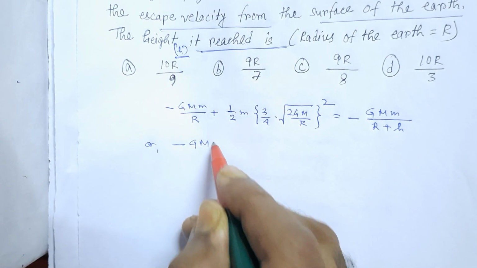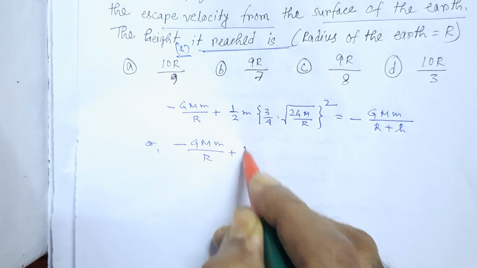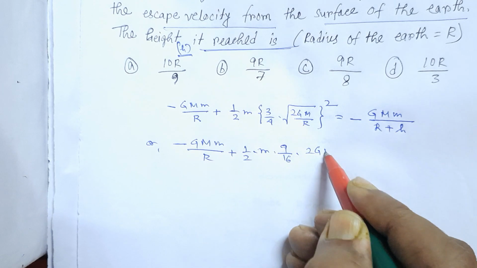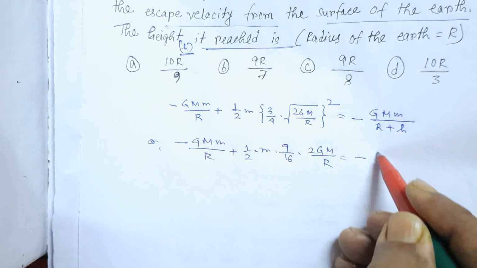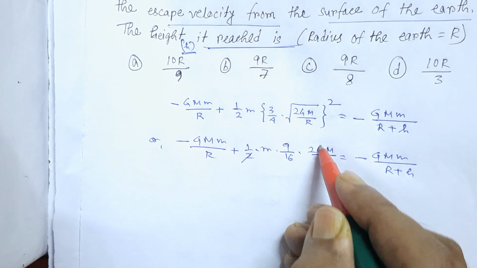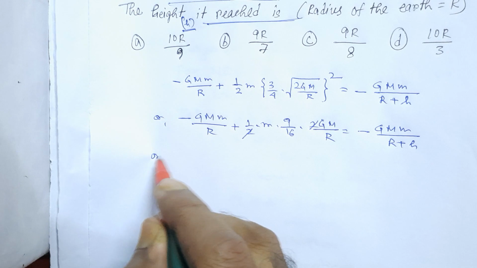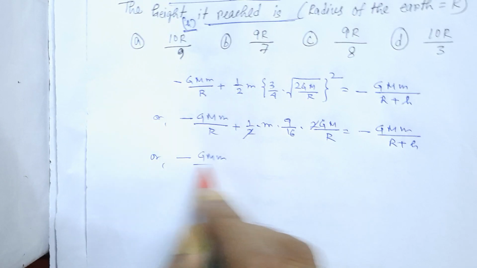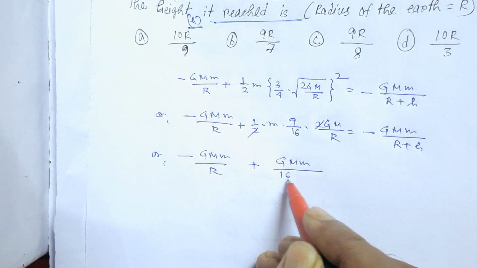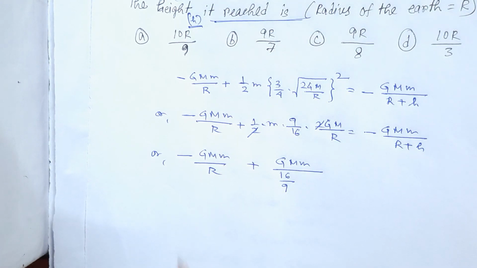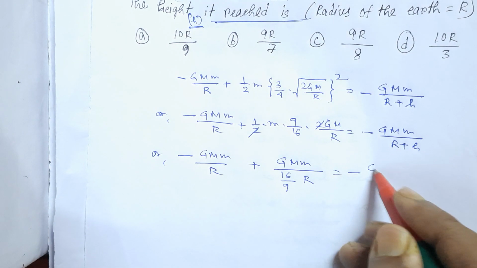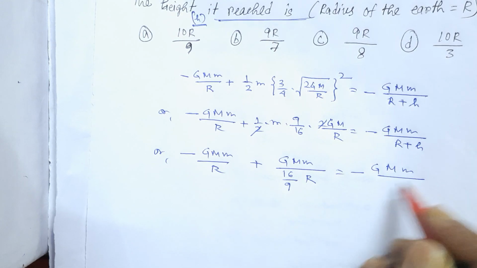Minus GMm by R plus half m into 9 by 16 into 2GM by R equals minus GMm by R plus h. 2 being cancelled out, we get minus GMm by R plus GMm by 16 by 9 R equals minus GMm by R plus h.